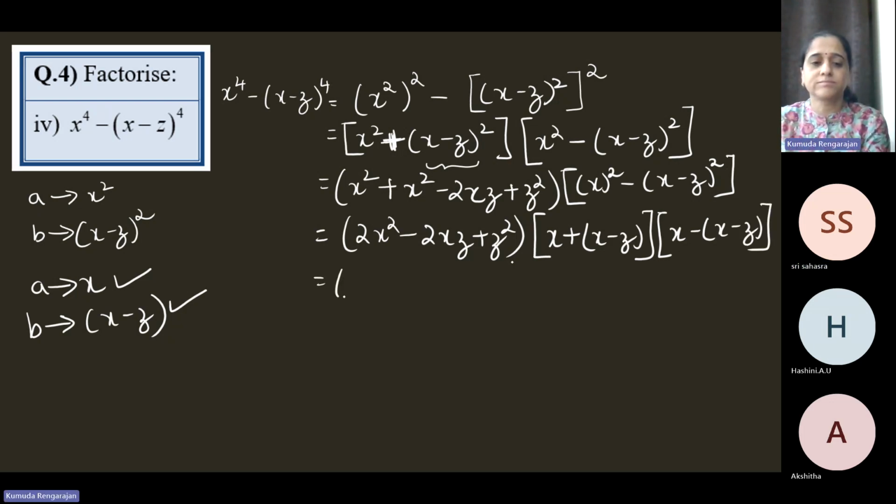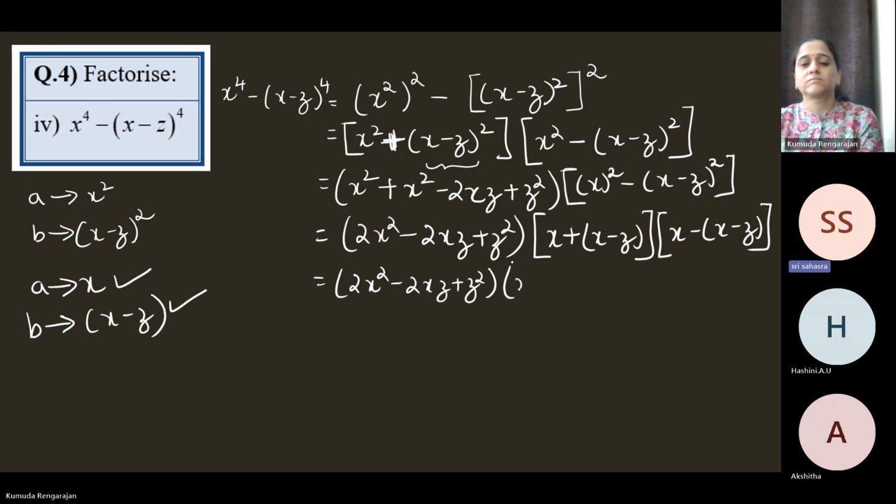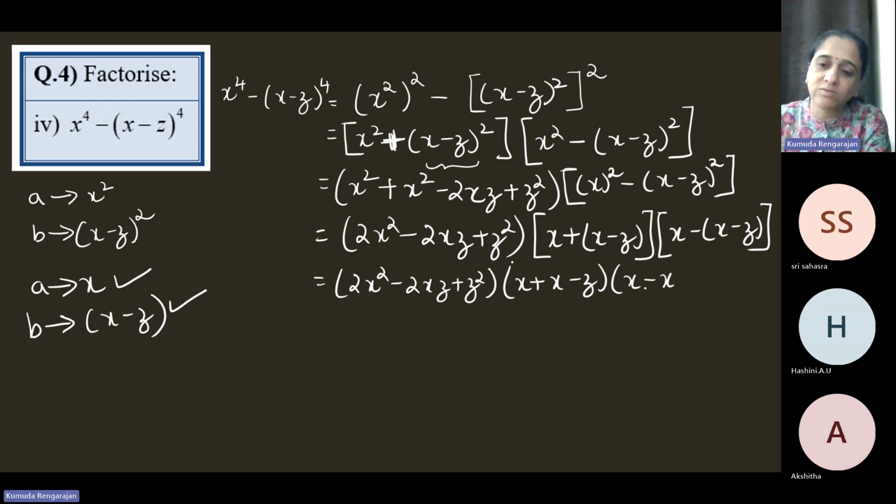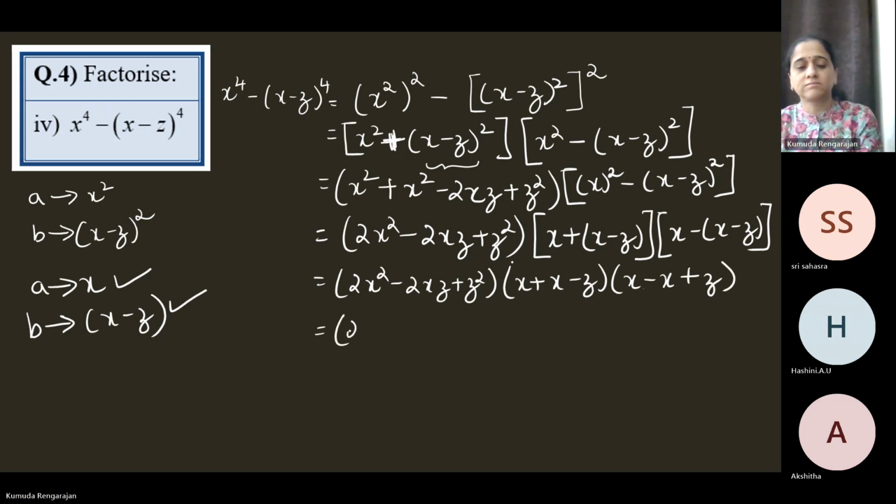Next step. 2x square minus 2xz plus z square into x plus x minus z, x minus x plus z.